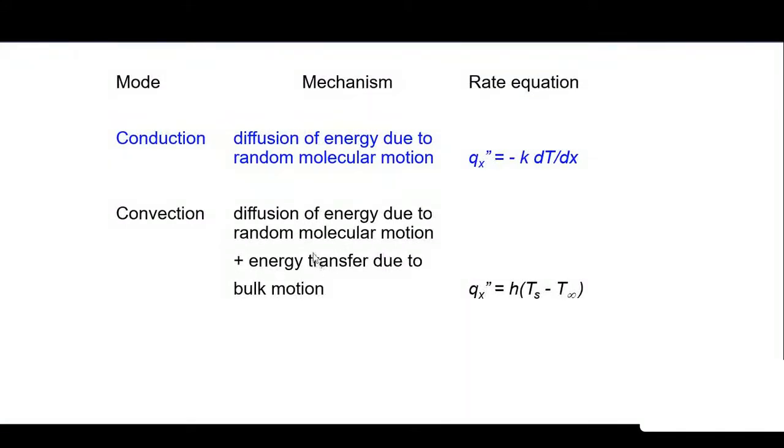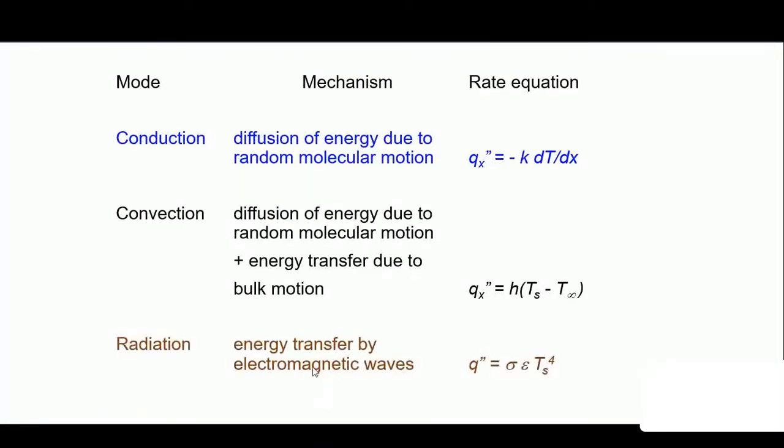Convection is energy diffusion due to random molecular motion plus energy transfer due to bulk motion, and it is given by heat flux q equals h into Ts minus T infinity. And radiation is energy transfer by electromagnetic waves, and the heat flux is given by epsilon sigma into Ts raised to power 4. So these are the three equations and the three different modes of heat transfer.